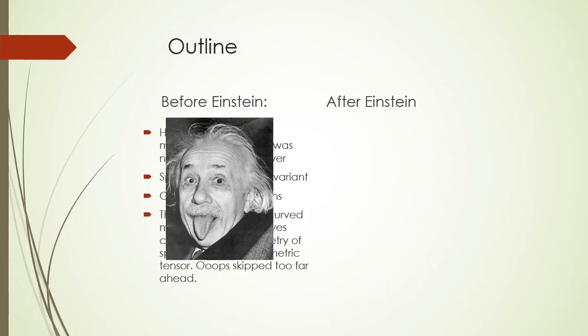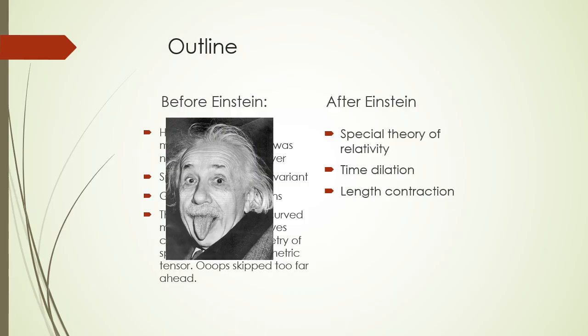So when Einstein came along, just after a few simple ideas, basically we had the special theory of relativity. The special theory of relativity has just two very basic postulates, and then it warps all the classical physics that we know, and it leads us to phenomena such as time dilation, where things take different amounts of time depending on your frame of reference, and length contraction, where objects have different dimensions depending on who's observing them.